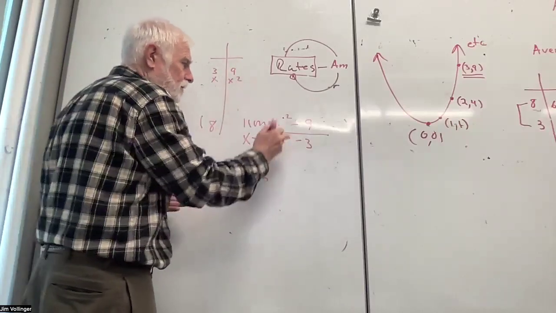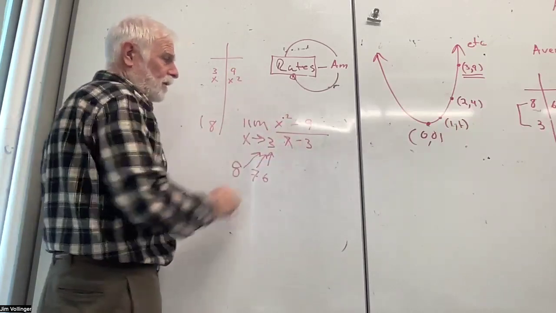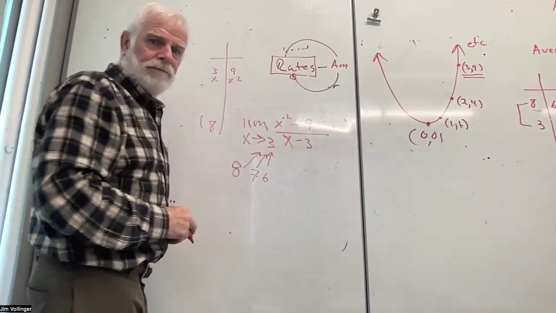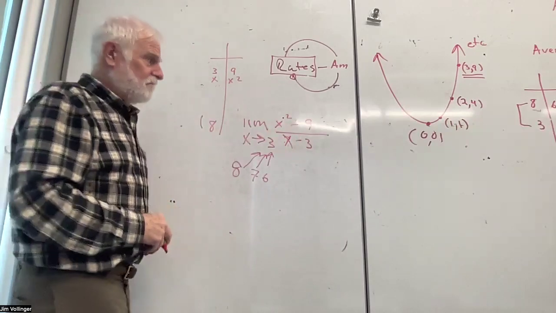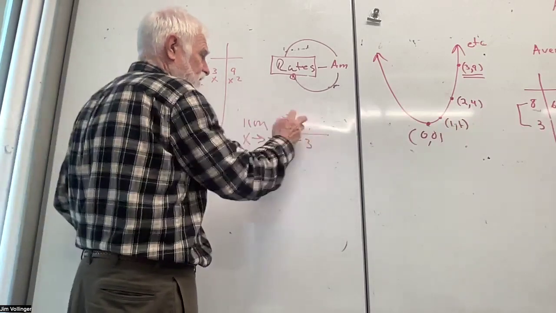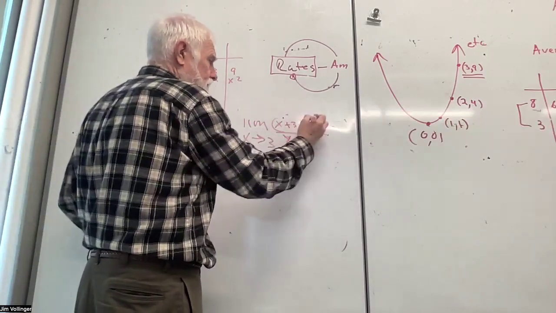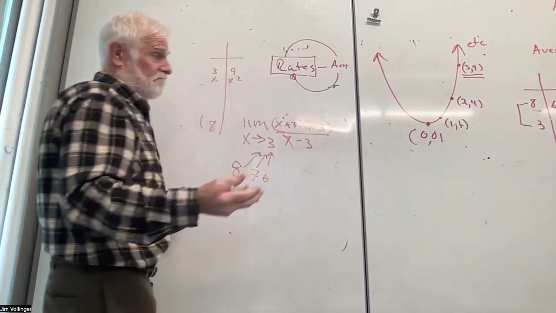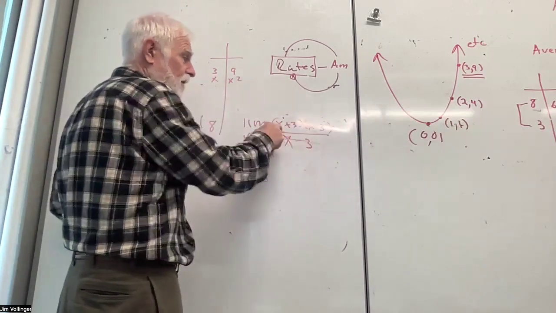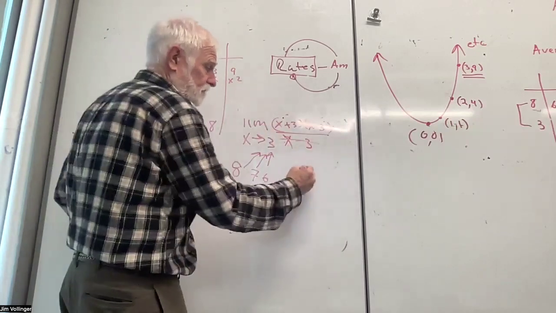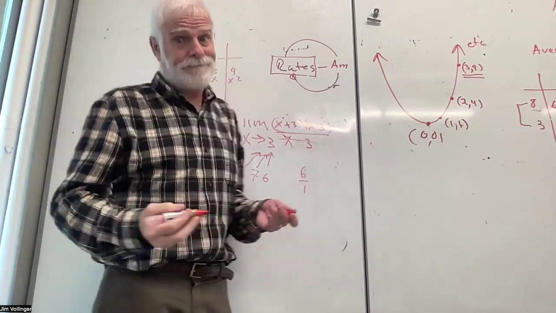That's what I'm writing here. And Algebra 1 says you can reduce that fraction. Shouldn't be hard. x plus 3 times x minus 3. The x minus 3's cancel. I plug 3 in. Looks like 6 to 1.